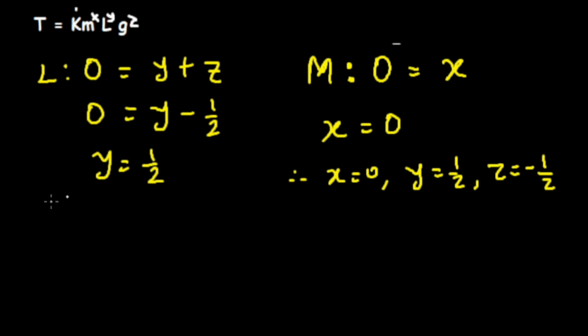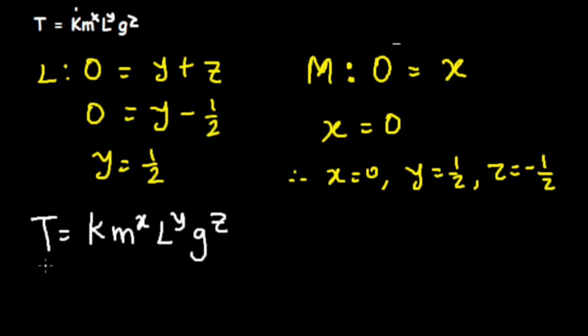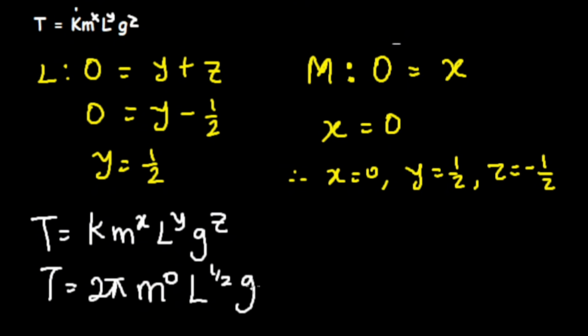We know initially that T equals k M^x L^y G^z. We've been able to get that k from the question is 2 pi. That one is not something hard. Then x is 0, then L to the power y is 1 over 2, then g to the power z is minus 1 over 2.